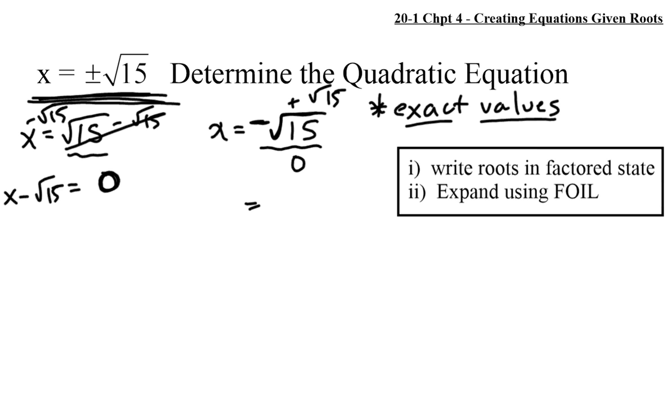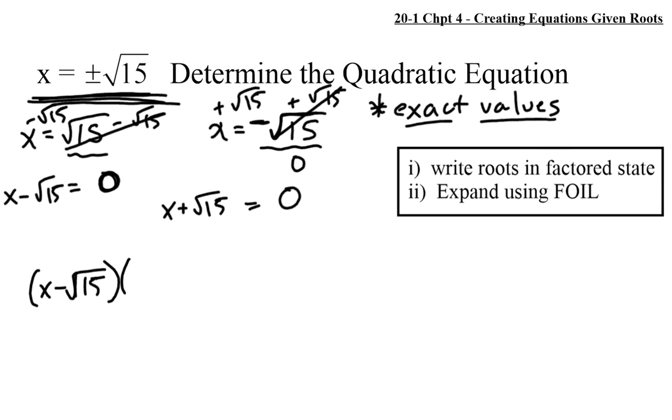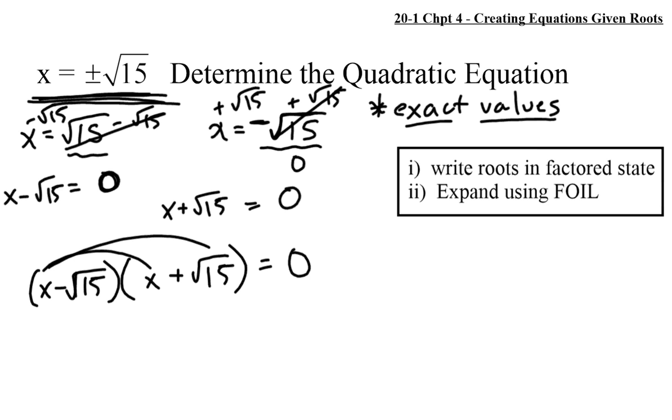Negative root 15 and a positive root 15, there's our 0. But I have to make sure I do the same thing to the other side. X plus root 15. So our factored state, x minus root 15 and x plus root 15 is my quadratic equation. From there, now we have to FOIL.